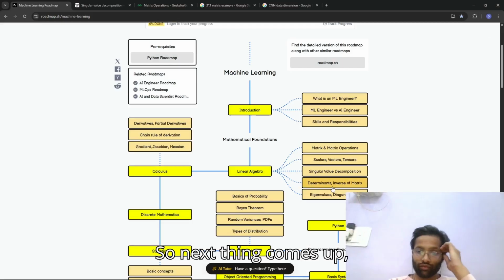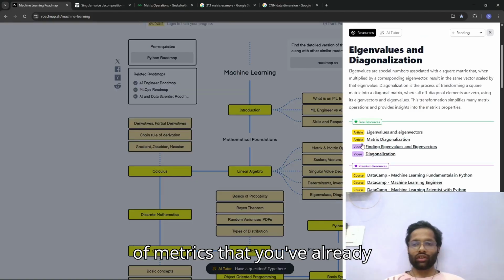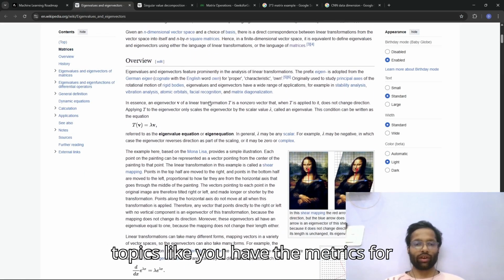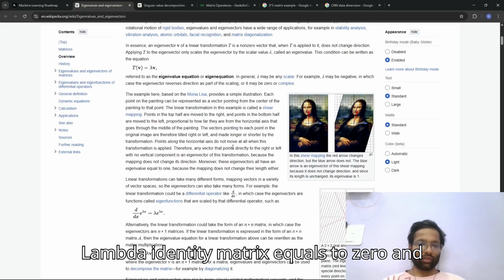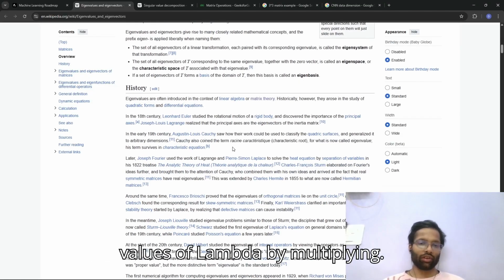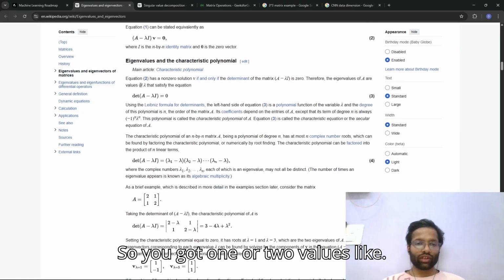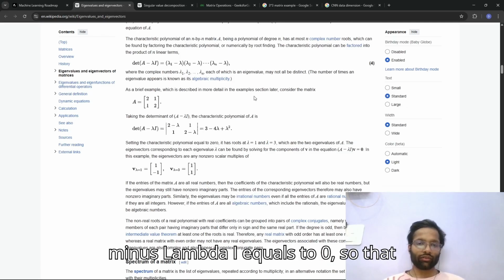So next comes determinants and inverse of matrix, which you've already covered. Eigenvalues, diagonalization. Eigenvalues and eigenvectors are one of the simplest topics. You have the matrix A, you subtract lambda times the identity matrix, and the determinant of A minus lambda I equals 0.